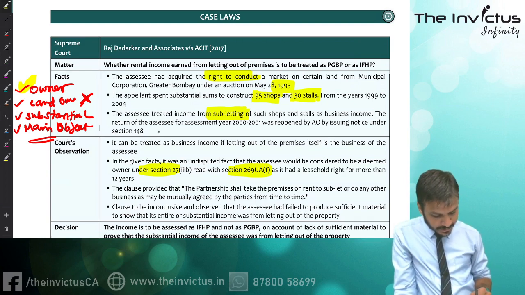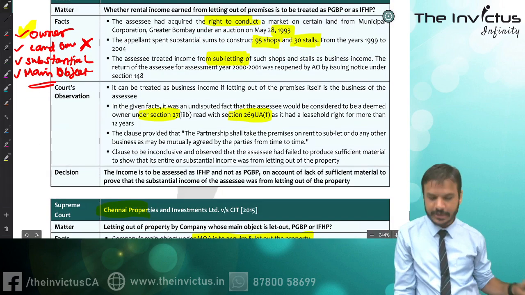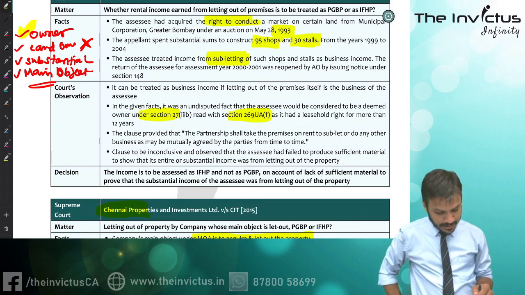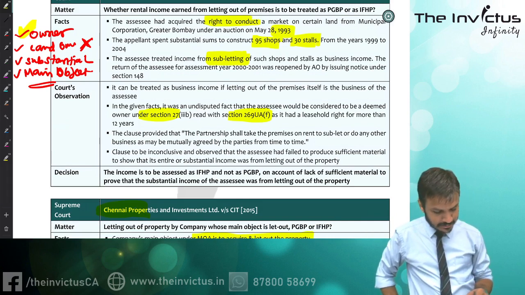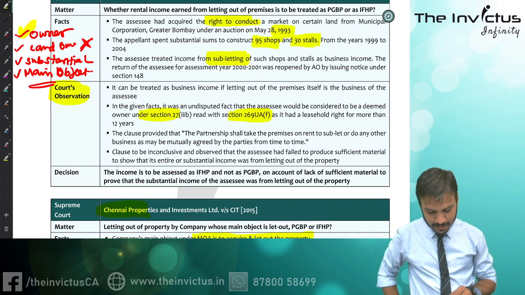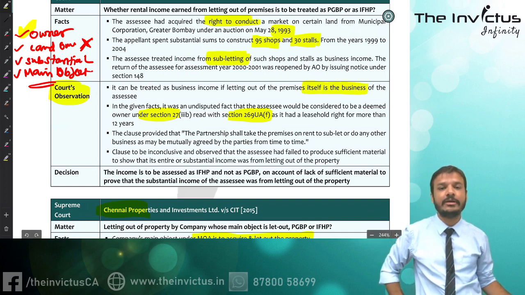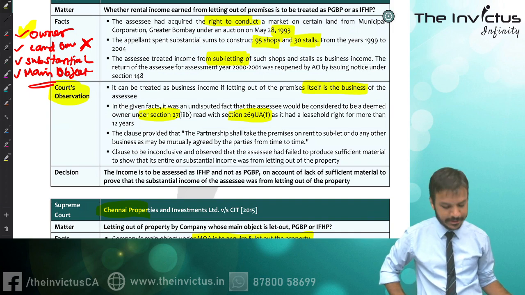The return of the assessee for the assessment year 2000-2001 was reopened and a notice under section 148 was issued. Court's observation I'm reading right now: it can be treated as business income if letting out of the premises itself is the business. First, I have said that the main object, or I can say substantial activity.